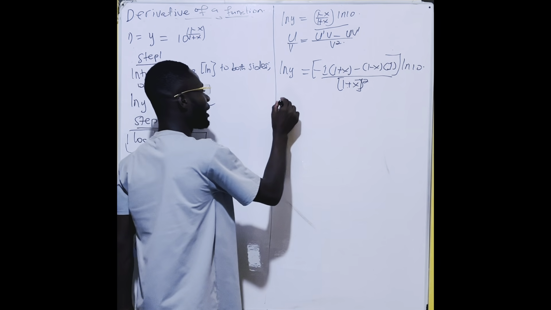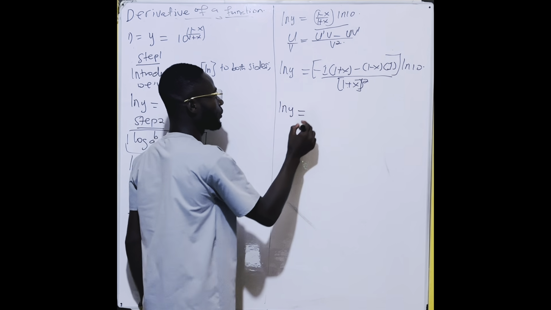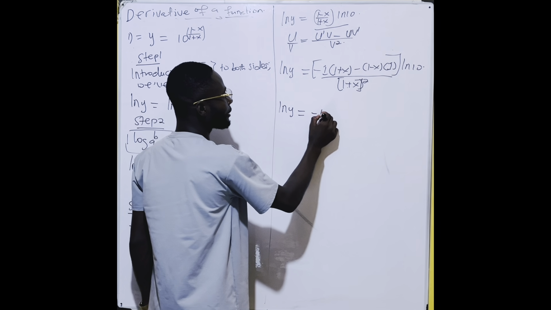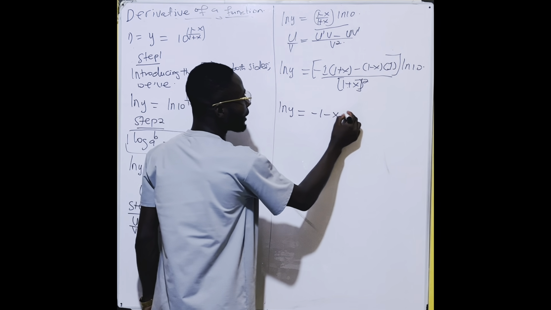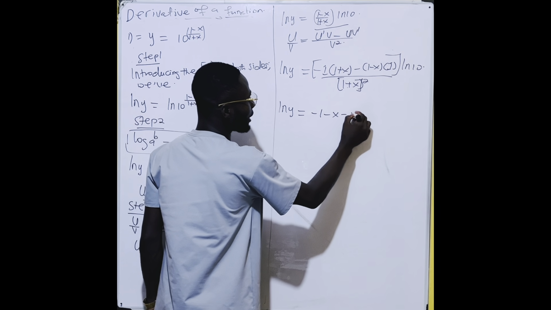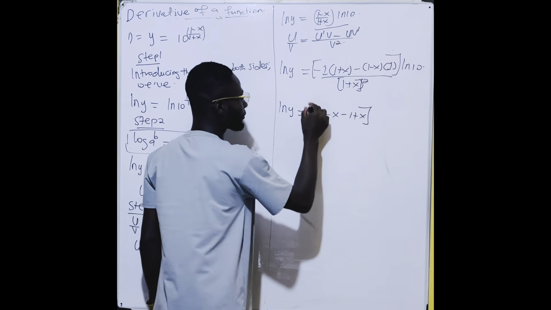So we're going to have ln y equals -1 minus x minus 1 plus x, right?